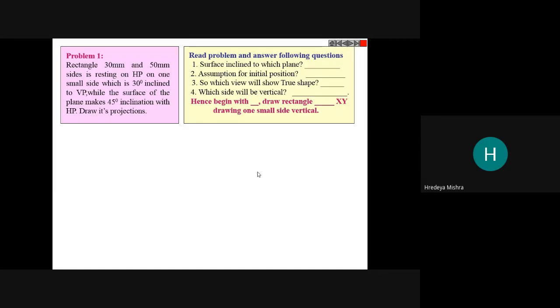Okay, you have 10 minutes to solve a rough diagram for this problem. Okay, you just start. This is an easy problem.